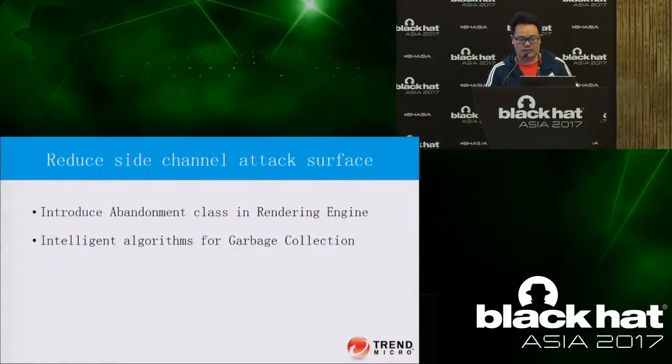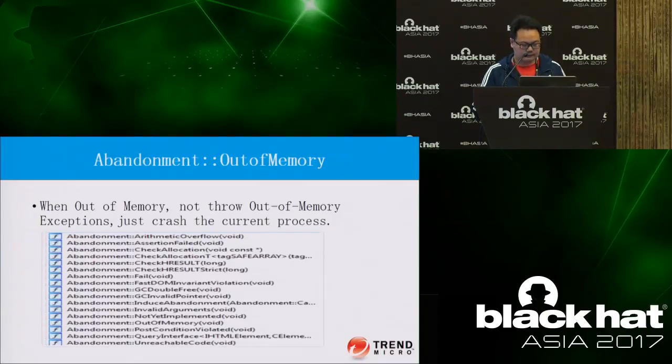Okay, reducing the side channel attack surface. In Microsoft Edge, they introduced an abandonment class in the rendering engine, and it uses an intelligent algorithm for garbage collection. We will pay attention to abandonment out of memory.